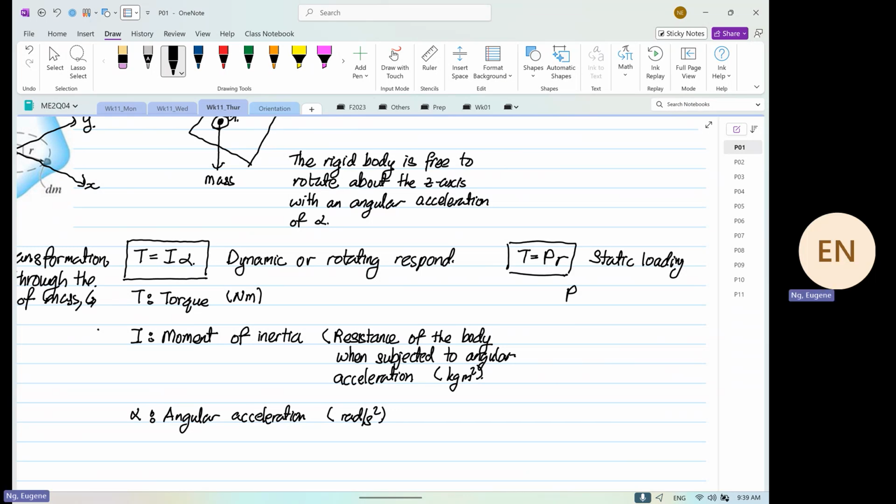Where P is the applied force, R corresponds to the what? Radius. However, when our structure is rotating with angular acceleration, torque is equal to what? I alpha.